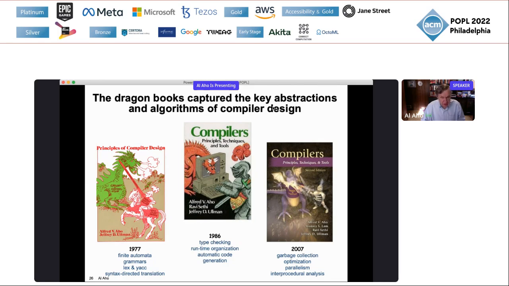The third book in 2007 added Monica Lam as a fourth co-author, and it had 1,000 pages. None of us had the heart to write a fourth book. The books quickly became known as the Dragon books because all the covers had the drawing of a fierce dragon conceived by Jeff, symbolizing the complexity of compiler design.